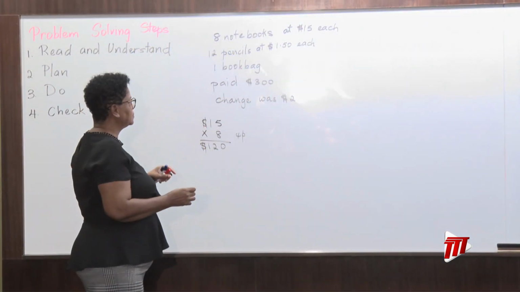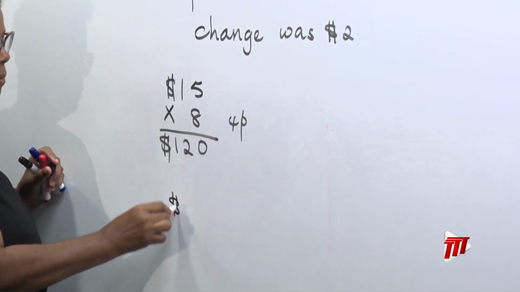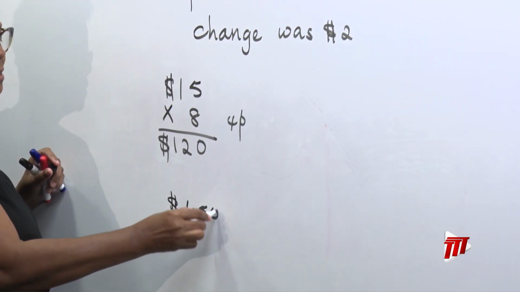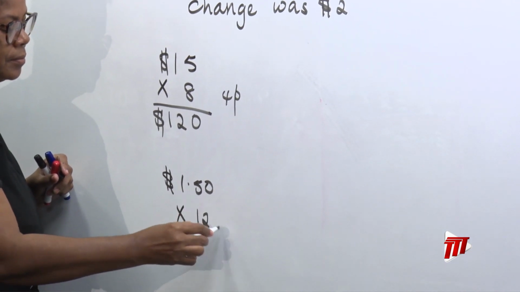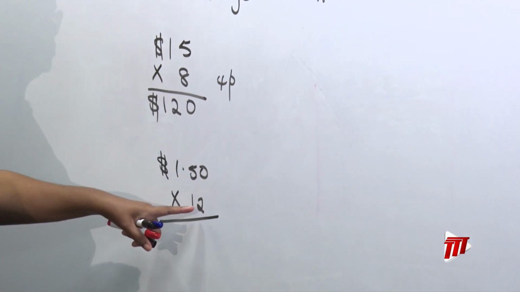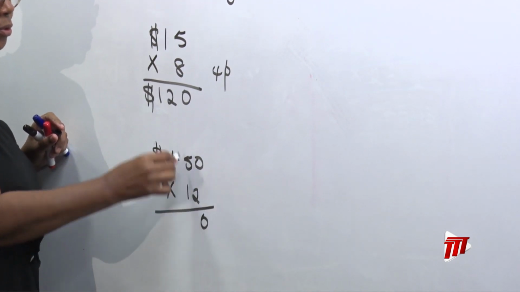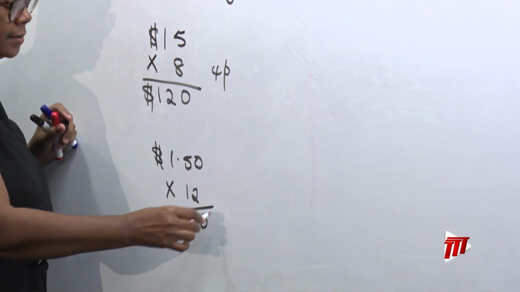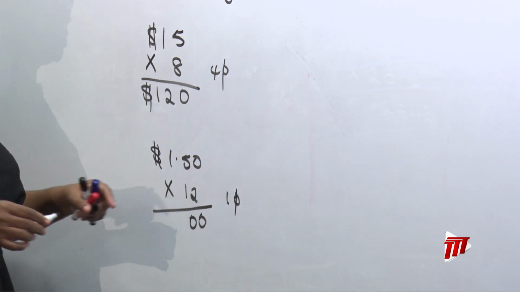The pencils. We are going to multiply $1.50 by 12. Multiplying with our ones. 2 zeros are 0, 2 fives are 10. 2 ones are 2 and 1 is 3.